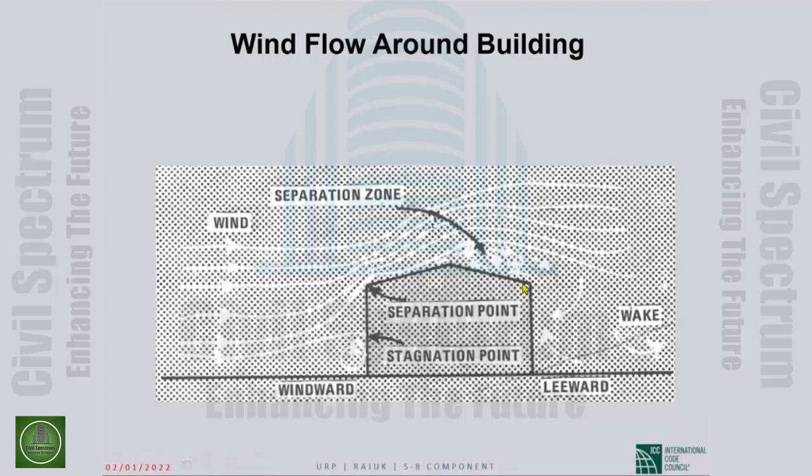That is something you need to understand. On the leeward roof, we can have pressure rather than suction. If it is a long leeward roof, then it is possible that after a while you will have pressure on the leeward roof. But most of the time, except on the windward face, we will have suction on all the other faces, including windward roof and leeward roof.